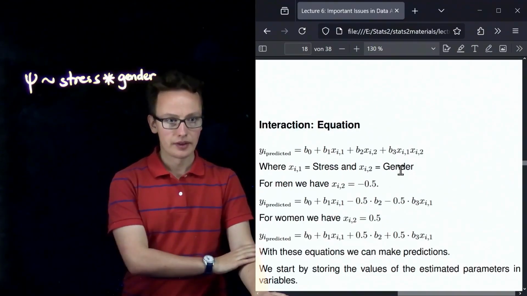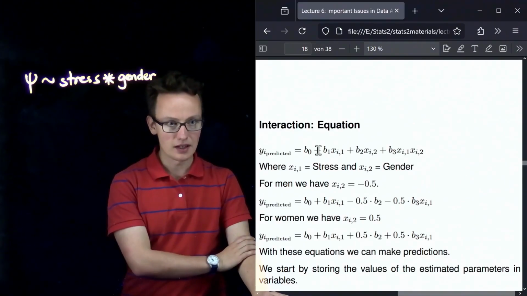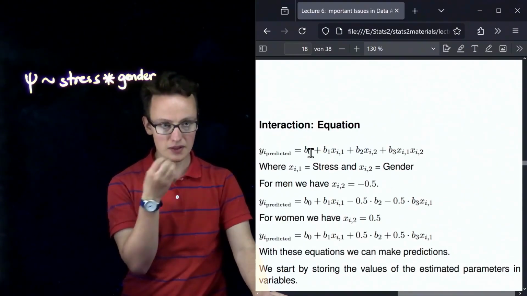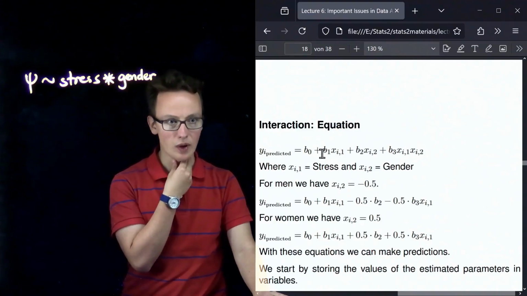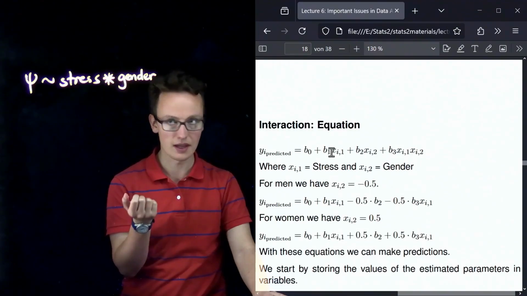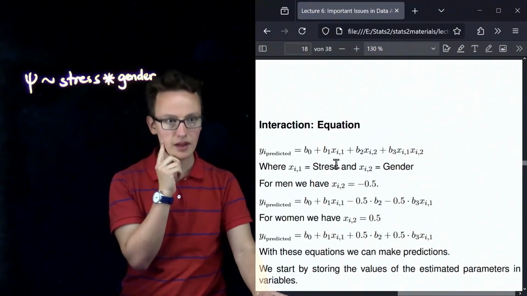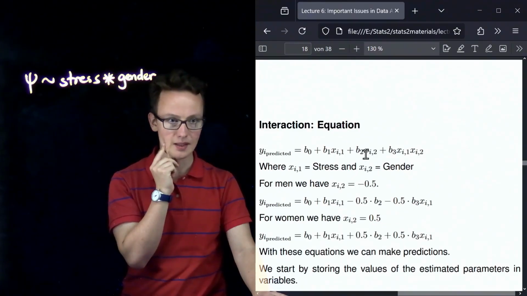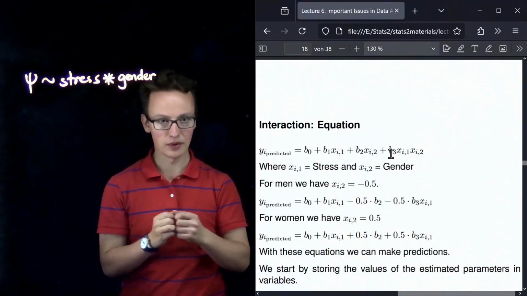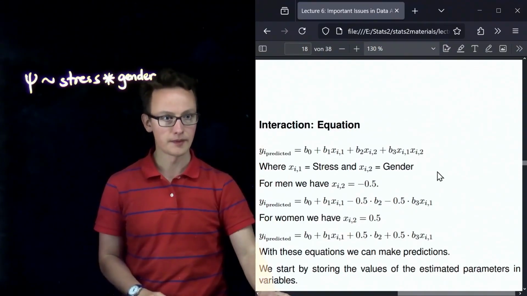And the equation looks like this. So up until here, it should look very unsurprising. So B0 is the intercept estimate, B1 is the estimate for the slope of, in this case, stress, I believe, and B2 is the estimate of the slope for gender. And B3 is now the estimate for the interaction magnitude, right?